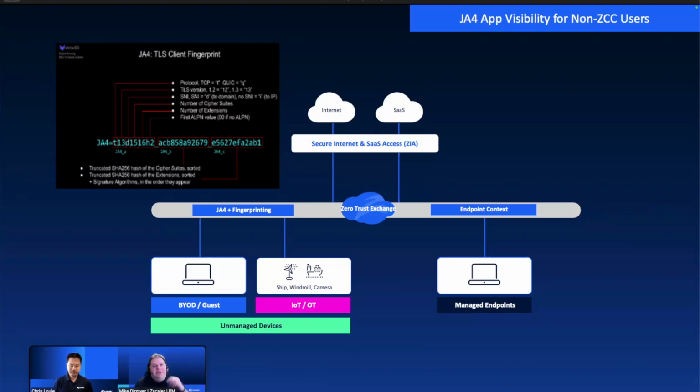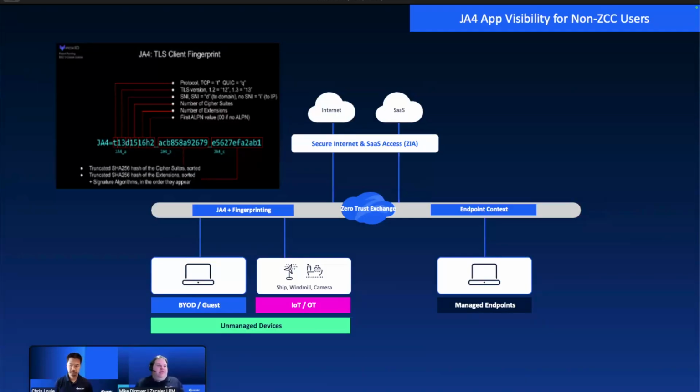Thanks, Chris. The unmanaged part of this basically means devices that don't support the Zscaler Client Connector, right? Whether that's BYOD or guest devices, or things like IoT or OT, or even printers or anything on the network that cannot have a Zscaler certificate installed into it.